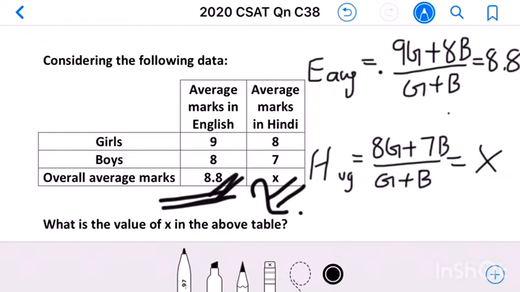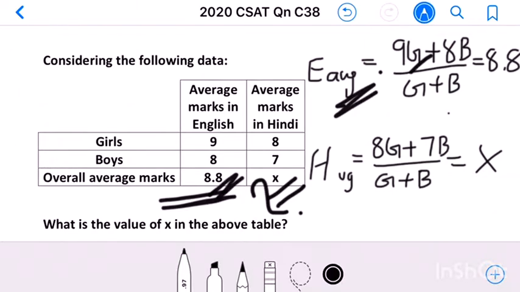This we got by overall average marks in English equal to average marks of girls in English into number of girls in class. Let us take it as G. Then 9 into G, we get total marks obtained by the girls in English, plus average marks of boys in English into number of boys in the class.